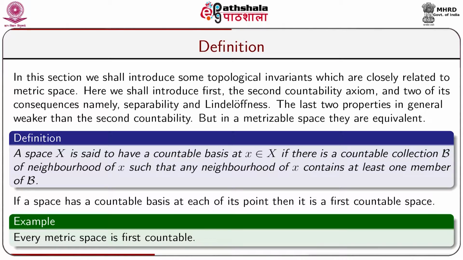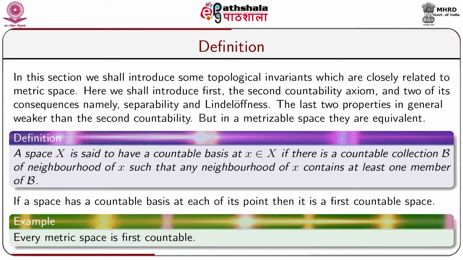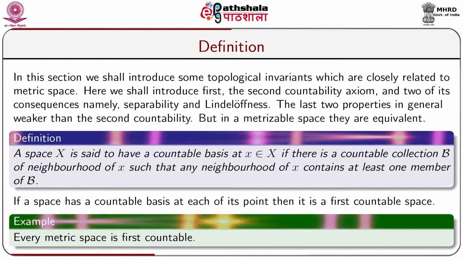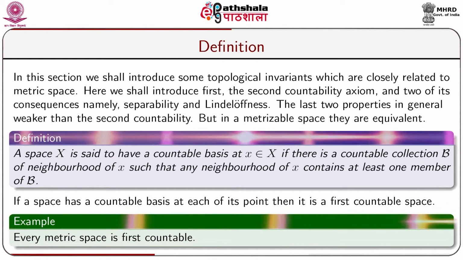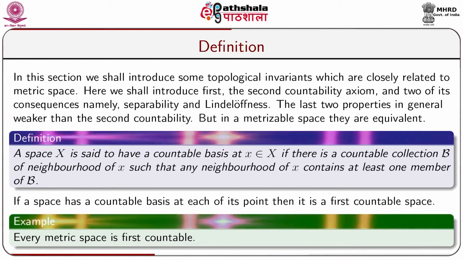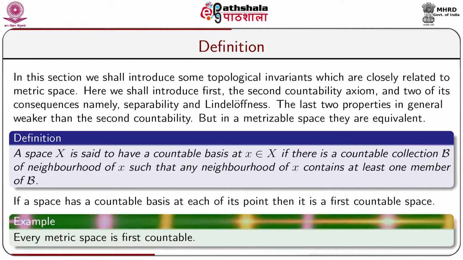That means a topological space is said to be first countable if at each point x there exists a countable local base. If a space X has a countable basis at each point, then it is called a first countable space.